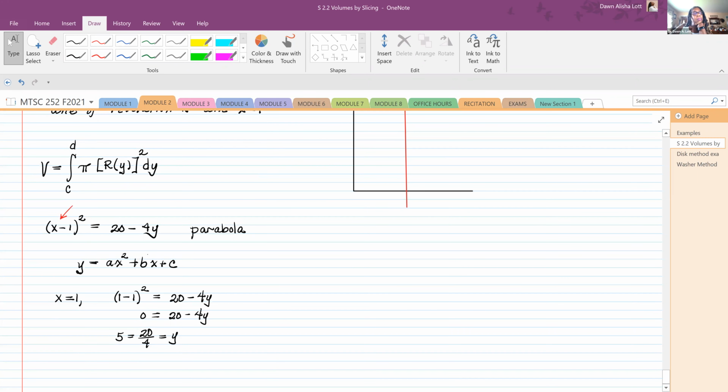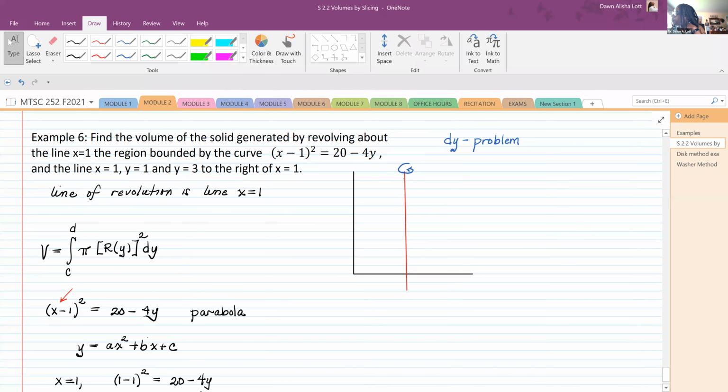No, because the 4y comes to the other side and then I divide by it. Oh, okay, no problem. So I know the point (1, 5) is on the curve.